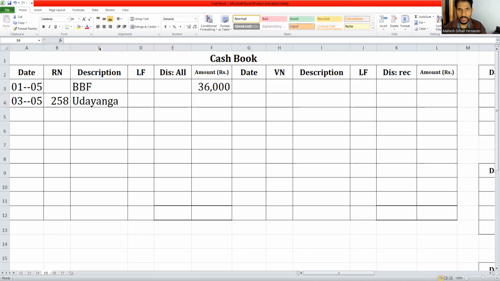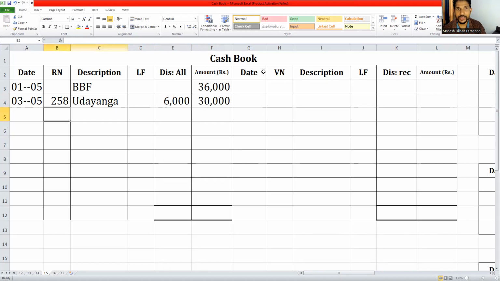The balance of Udayanga's account is 36,000, and at the point of the collection, we have allowed a discount of 6,000. Therefore, cash collection is 30,000.